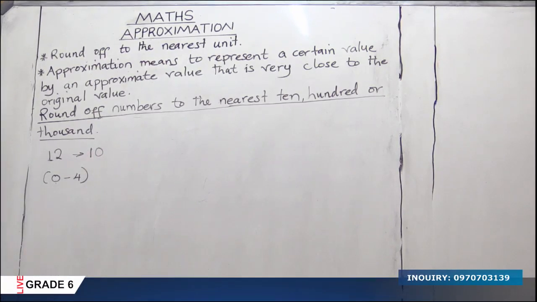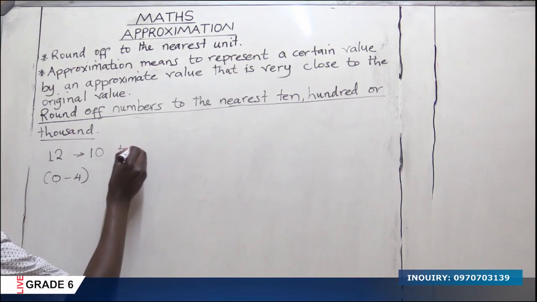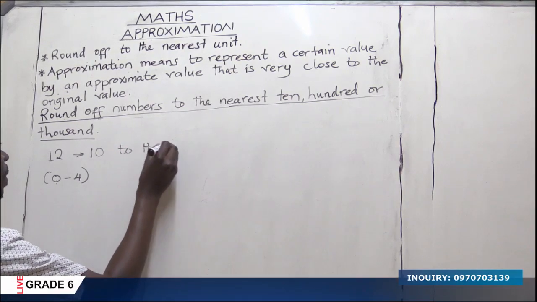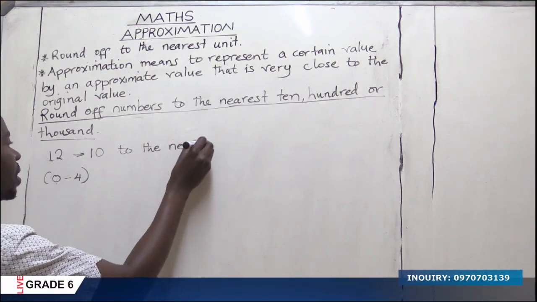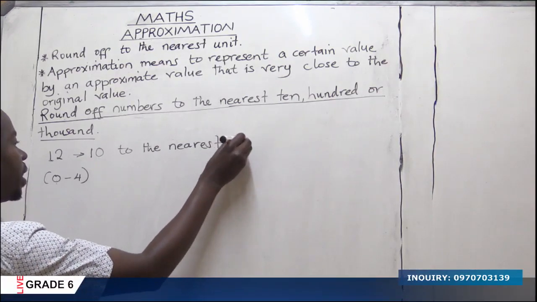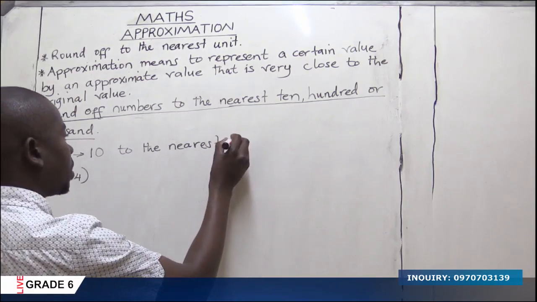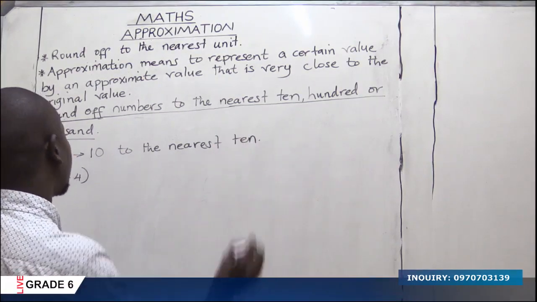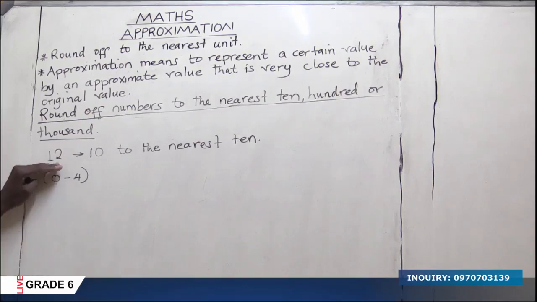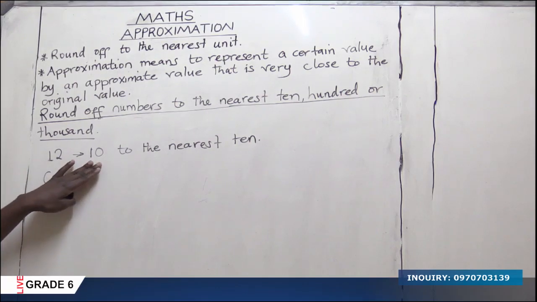12 will become 10 to the nearest 10. What we have done, boys and girls, is we have rounded down 12 to 10.